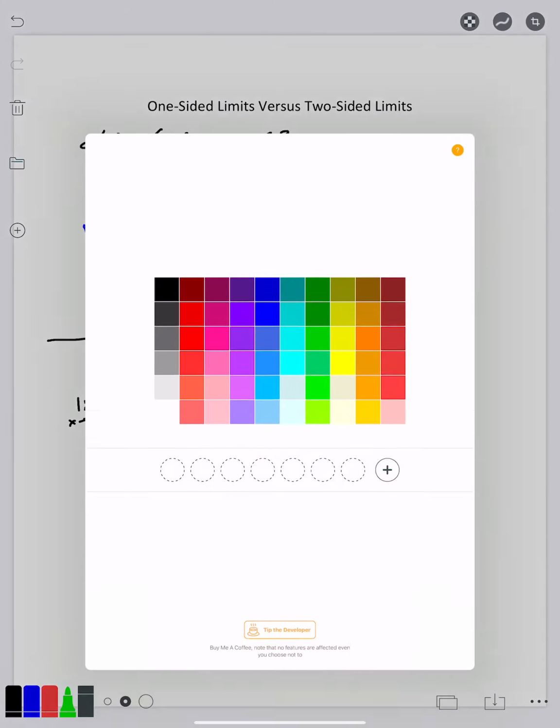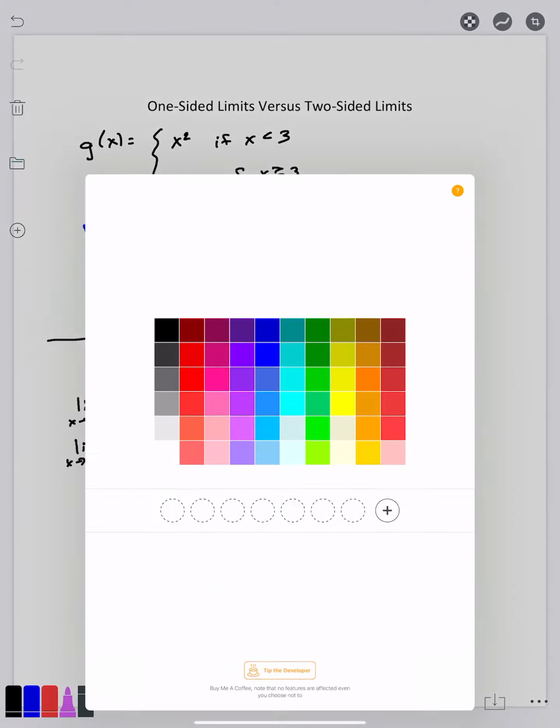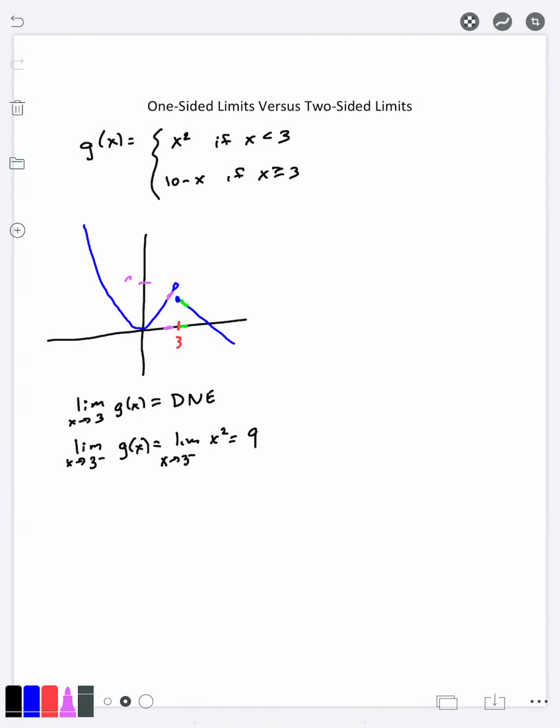There's going to be two different y values here, one on the left side, one on the right side.